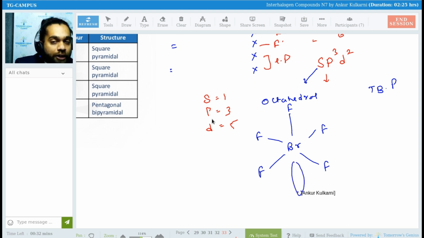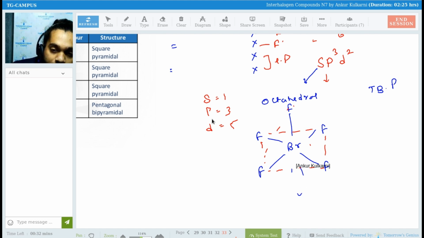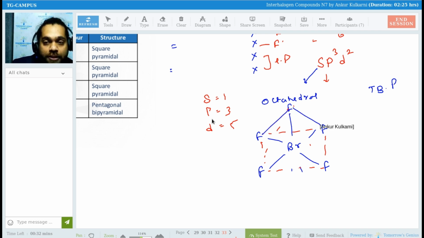So that makes it octahedral. If I join this, this is my octahedral. And for the shape, we do not consider the lone pair. So it becomes square pyramidal. The BrF4 part is a square. If I join this, this becomes a pyramid. So square pyramidal. Now remember this.